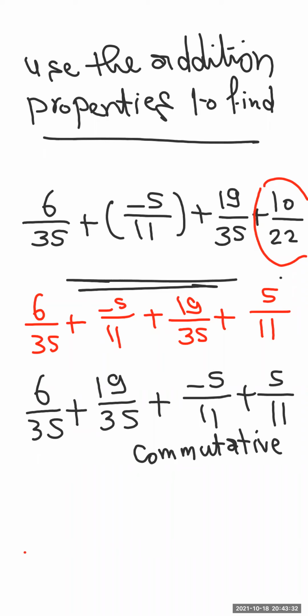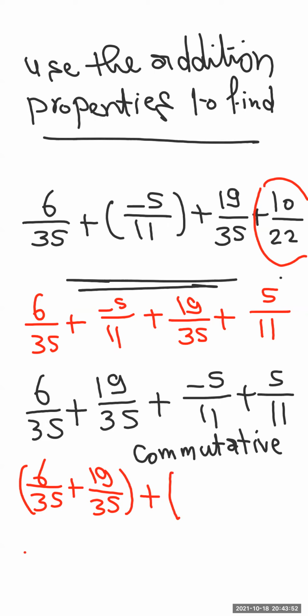Now, the second step, I'm going to group each two numbers with the same denominators, like that: 6 over 35 plus 19 over 35 between two brackets, then plus negative 5 over 11 plus 5 over 11. Try to be more quiet, guys, and listen.